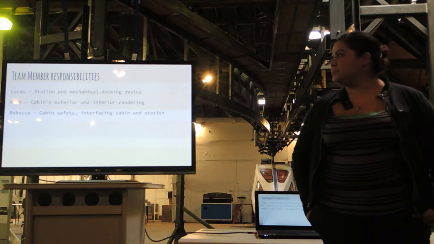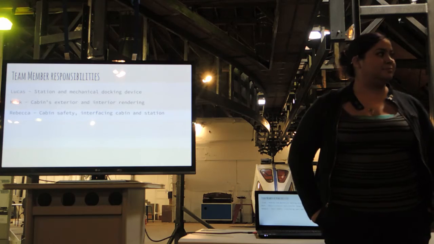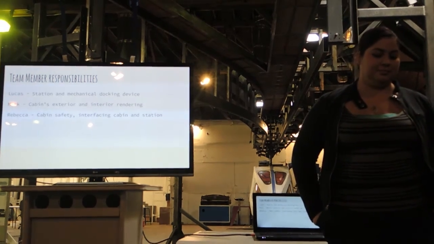Okay, so as of now, I'm the team leader for the group, and my main focus will be on the mechanical docking device, as well as other station optimizations and interactions. I will be focusing on the interior and exterior, such as the mechanisms of the seats and the doors.